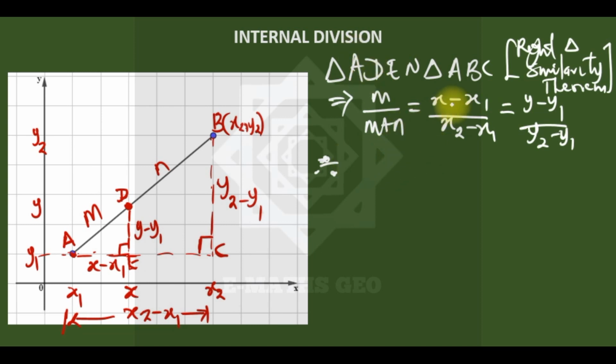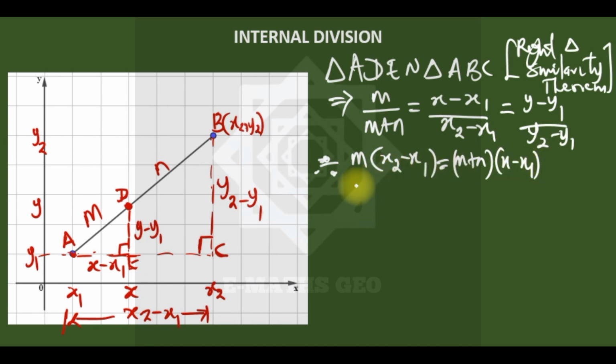If you cross multiply, this is m times x2 minus x1 is equal to m plus n times x minus x1.